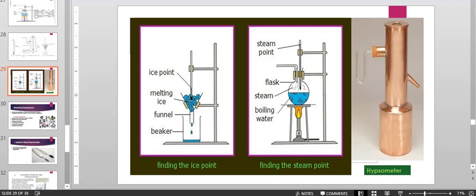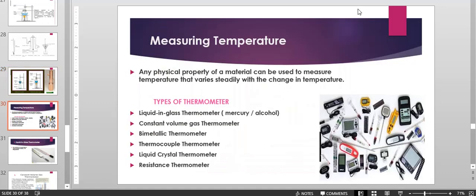So now let's move on to our next topic, that is about measuring temperatures. Any physical property of a material that varies steadily with the change in temperature can be used to measure temperature.